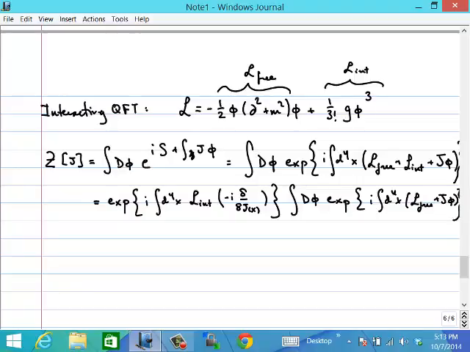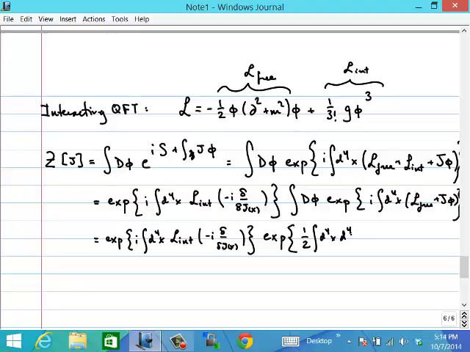But that path integral I know how to do. I've already done that path integral. So this is the exponential of i times the integral d^4x of the interaction terms, times the free answer, which was the exponential of 1/2 times the integral d^4x prime J(x) delta(x minus x prime) J(x prime).